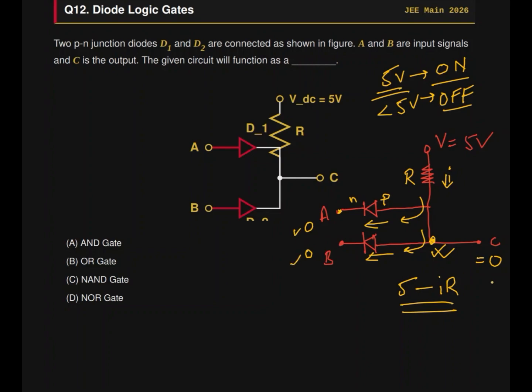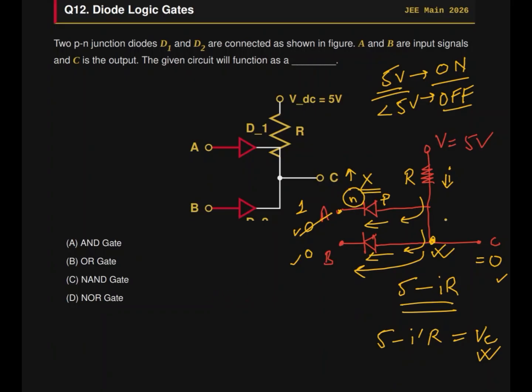So 0 and 0 yields 0. Let's say one of them is 1, right? If it is 1, then this diode will be reverse biased as N is at a higher potential than P. So this becomes useless. But this still works, right? So we still have 5 minus I. I will be different, but it is still less than 5, right? Still 0. Still VC is 0. Not exactly 0, but we will consider it as 0.